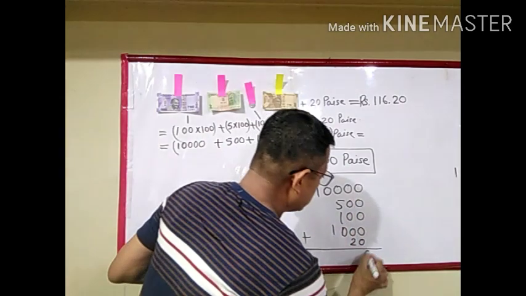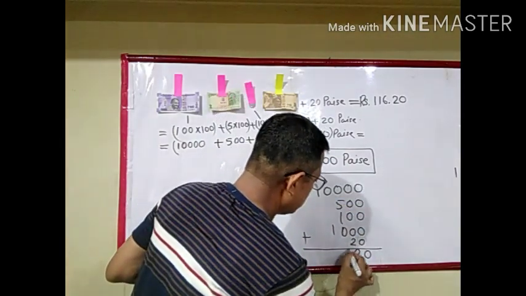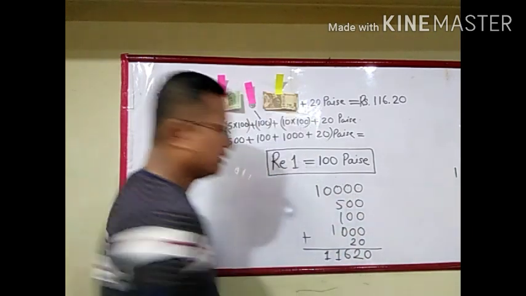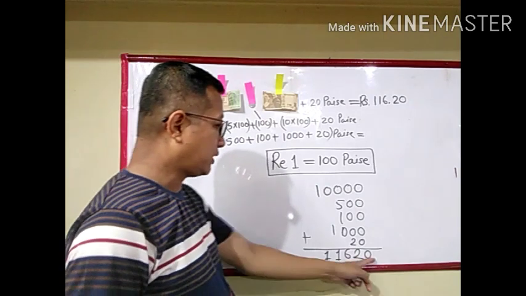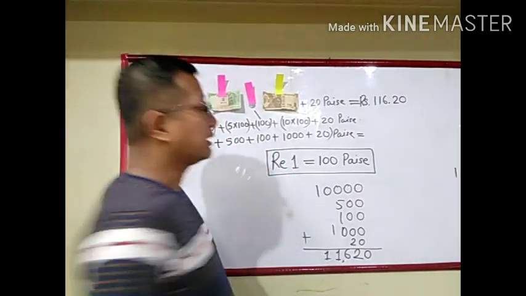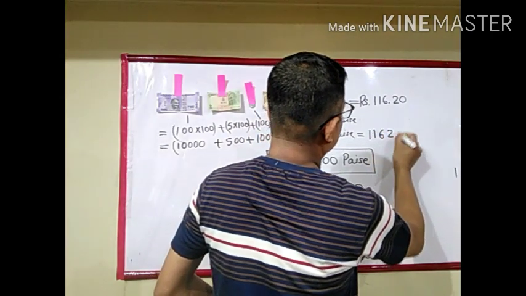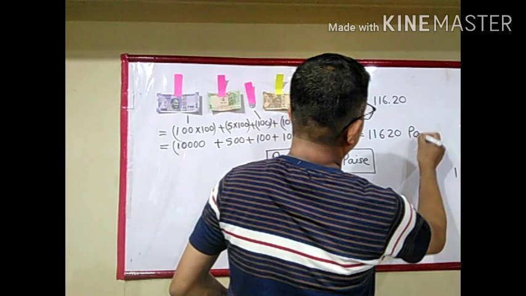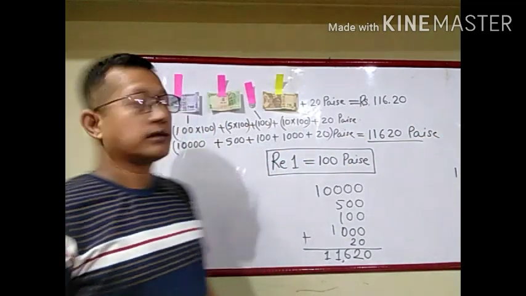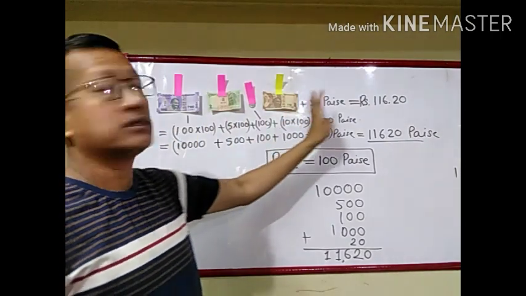This one all 0, this one is 2. This one is 5 plus 1 plus 0, 6. This one is 1, this one is 1. So total how much have we got? 1, 10, 100, 1000. 11,620 pies. This one is the pies. Clear? So this much rupees equals this much.